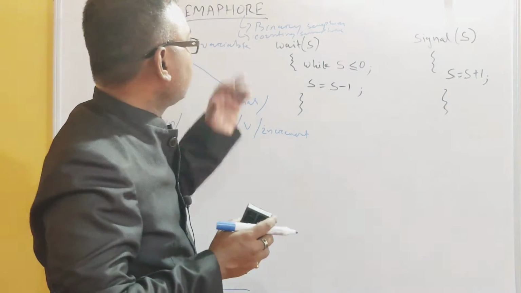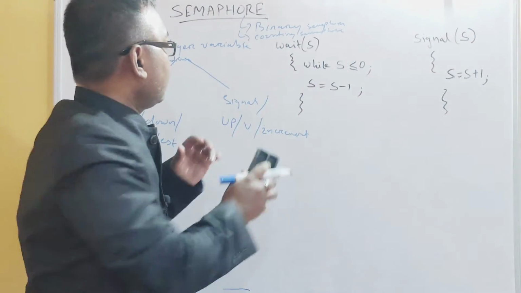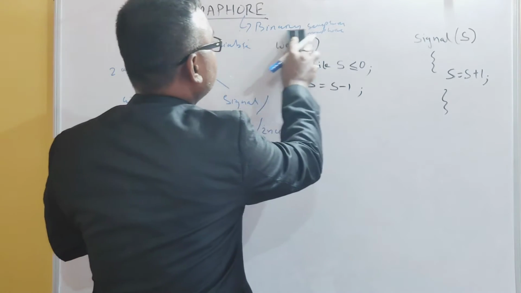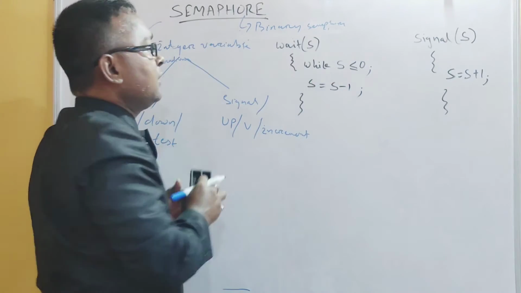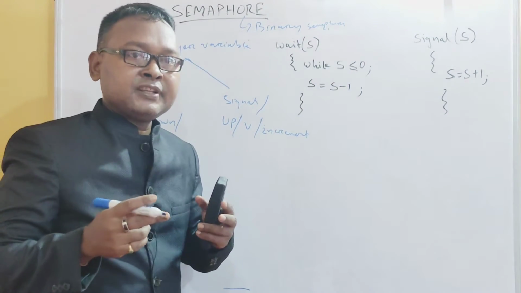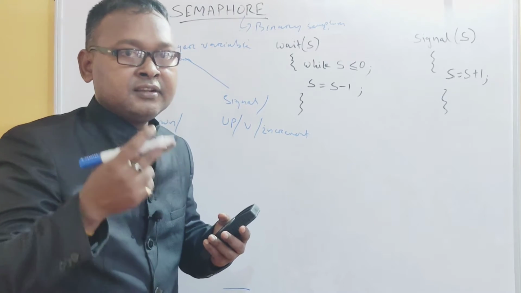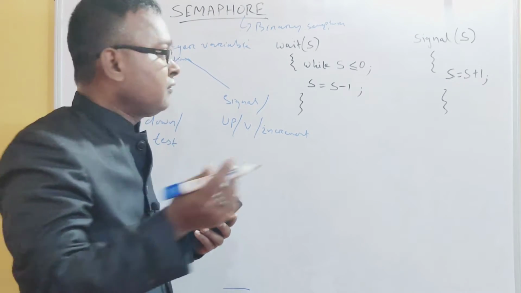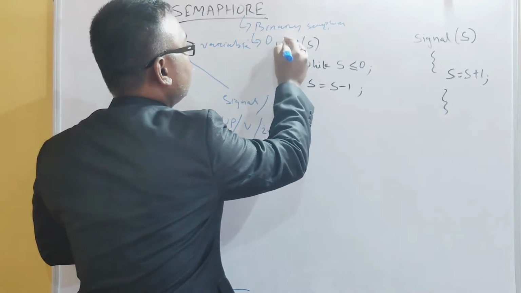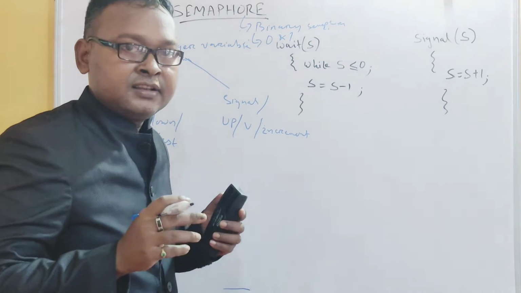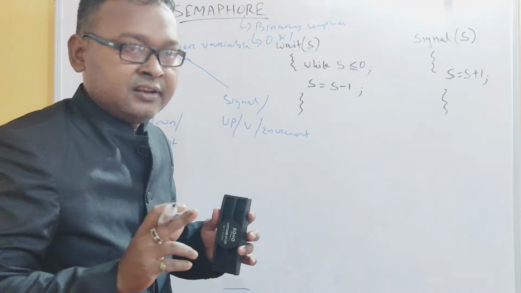So these are the two types of semaphore. Let us try to understand the binary semaphore. What do you mean by binary semaphore? Binary semaphore means it takes the binary value. That means two values, that is 0 and 1.